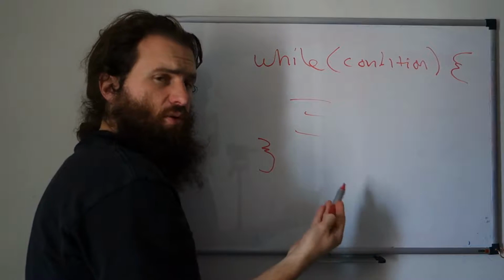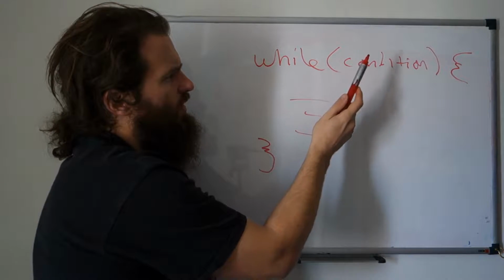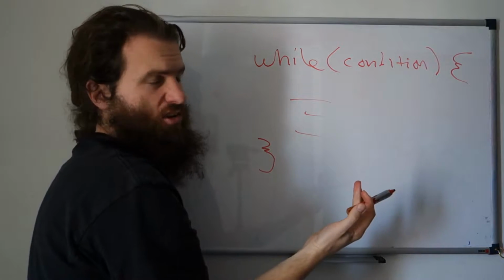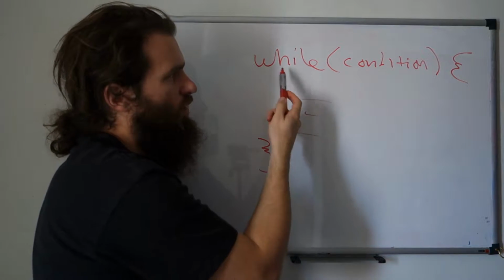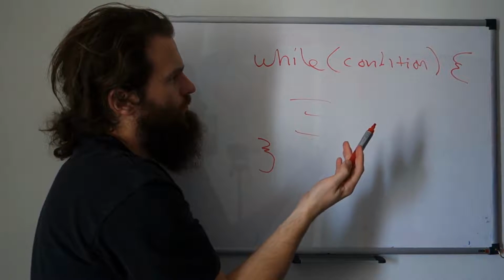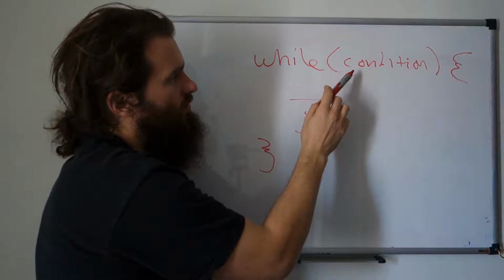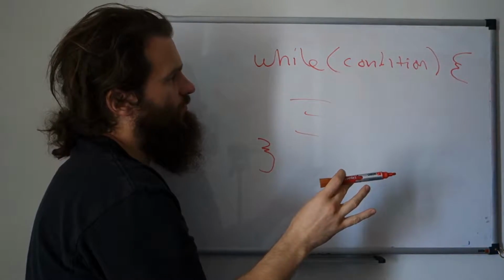And this is pretty straightforward, and it kind of goes as you would imagine it would. So if this condition is true, then the loop executes. So what it means is, do this while the condition is true. If the condition is false at the very beginning, then the loop will never be executed.